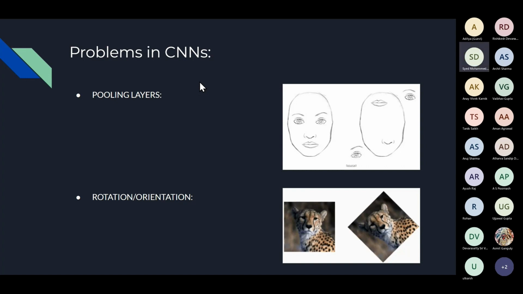And the second problem I would like to mention is the problem of rotation and orientation. I did say that we can account for it to some extent: if the images are rotated, we can go on classifying that image correctly.